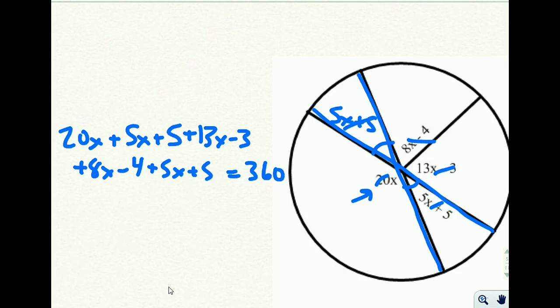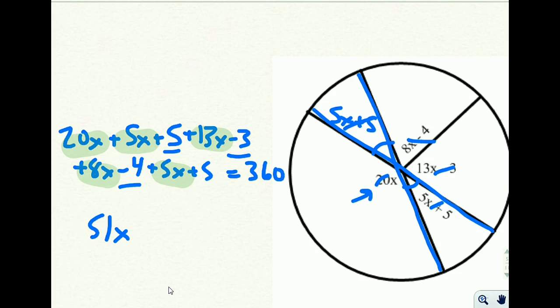And let's combine our like terms here. We got some x's, quite a few in fact. 25, 28, 38, plus 8 more would be 46, plus 5 more would be 51. Do that in your head or in the calculator, we get 51x. Then our remaining terms, we have a 5, a negative 3, so that's 2.